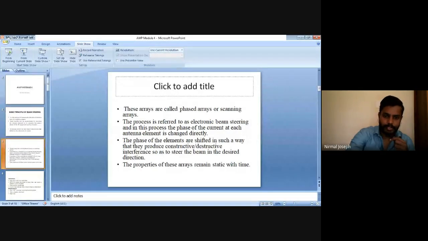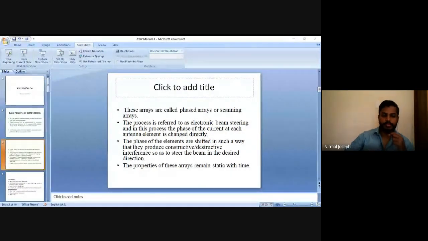That means we are giving a current which has different phases to each and every element. RF current, or RF signal, we are basically giving to each and every antenna element in an array. While giving that itself, we will change the phases by using phase shifters.